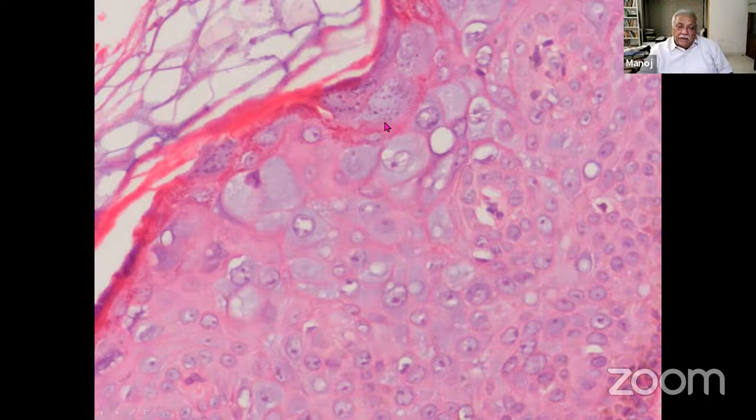And I'm not showing you a viral wart. This is an associated condition known as epidermodysplasia verruciformis, which is also caused by papillomavirus. It's genetically, possibly, and behavior-wise, different from the viral wart.